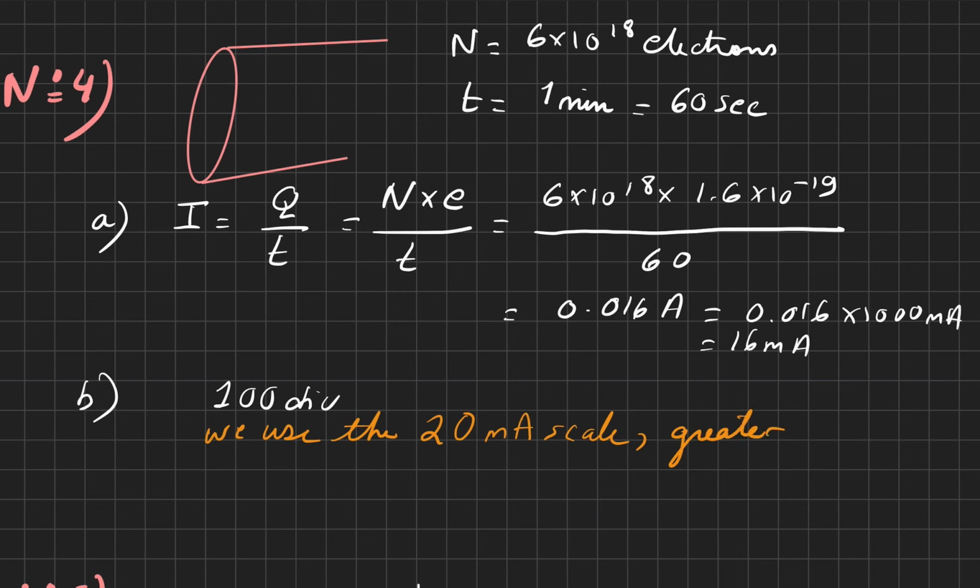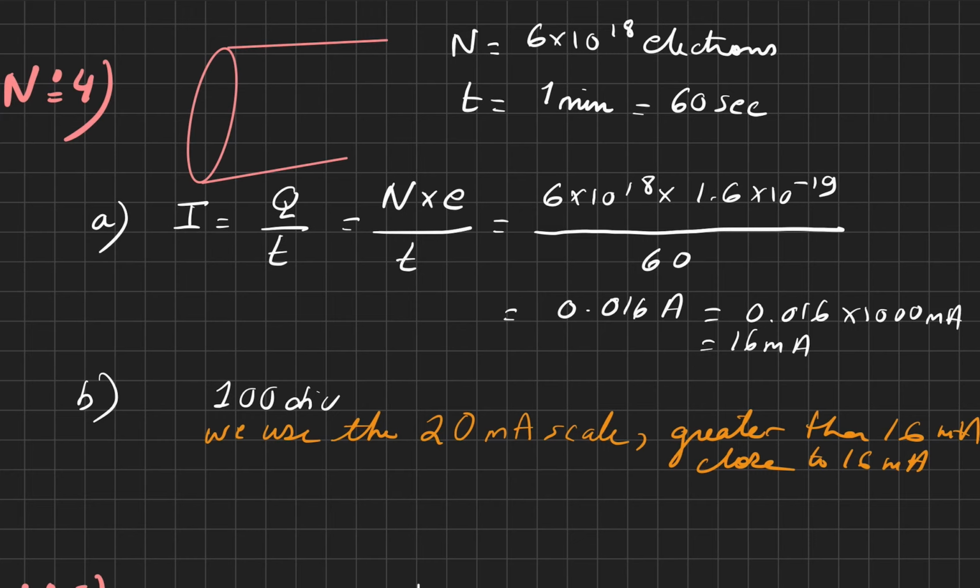Why? Because it's greater than 16 and close to 16 milliampere. Okay, the question is, what scale should we use? So we already stated that we should use a 20 milliampere scale.